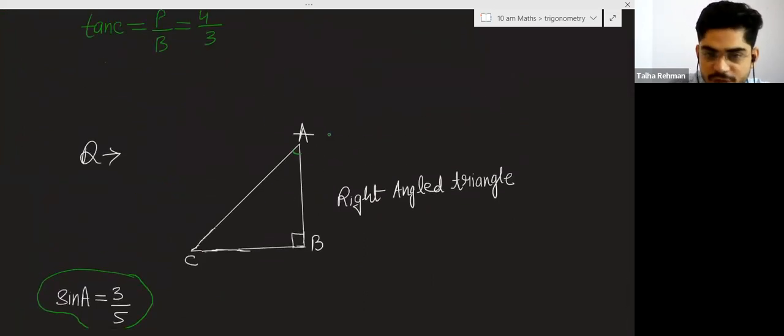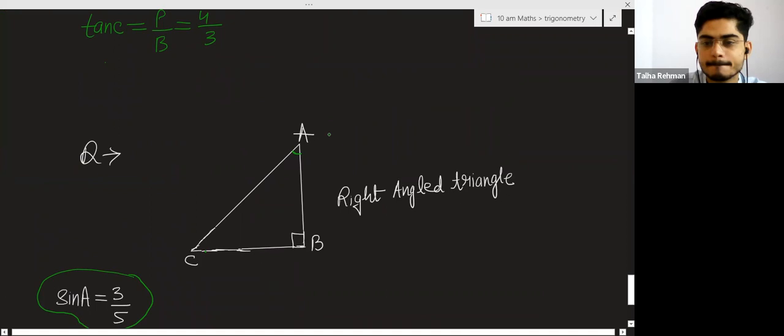So according to this angle, I have told you, opposite to the angle is the side. First, identify the side which is opposite to this angle. Opposite to this angle, which side is this? This side, no?